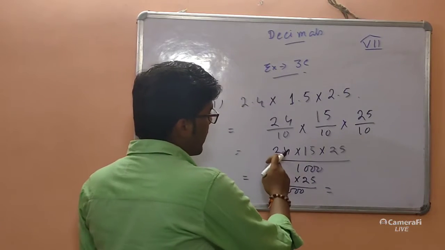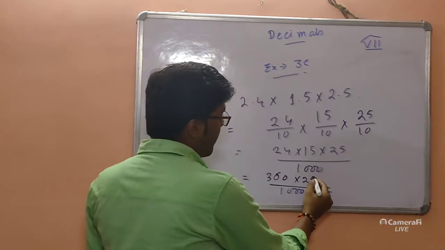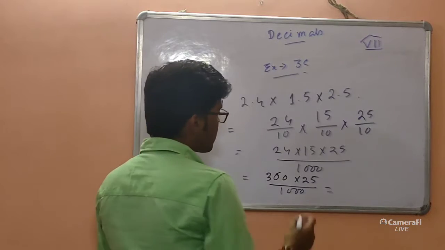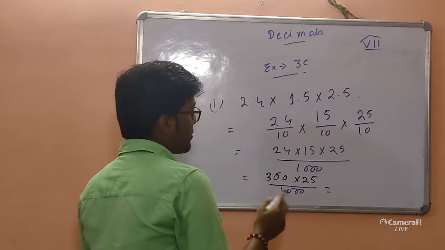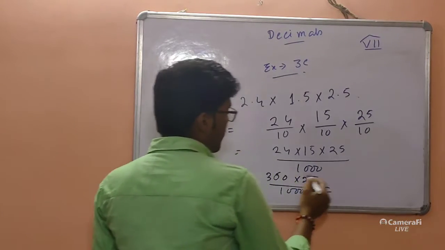So we have 360 into 25, right? Now multiply.